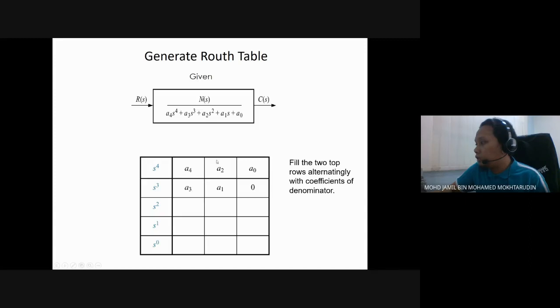Then the next one is A2, and the one below it is A1, and then A0. For the last spot, because you don't have any more coefficients, you just put 0. Whenever you run out of coefficients, you just put 0. So alternatingly means A4, then A3, then A2, then A1, then A0. You fill the two top rows first.